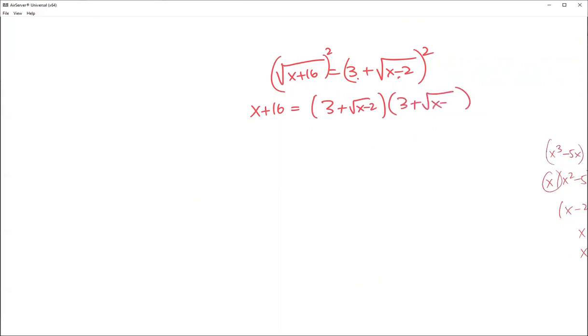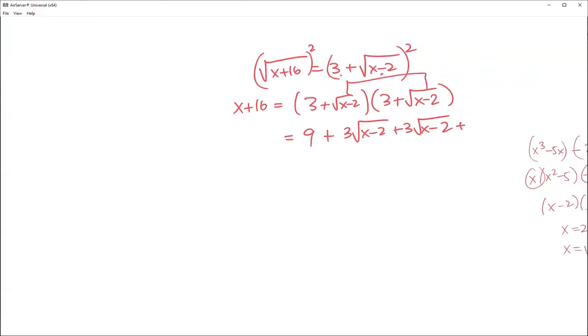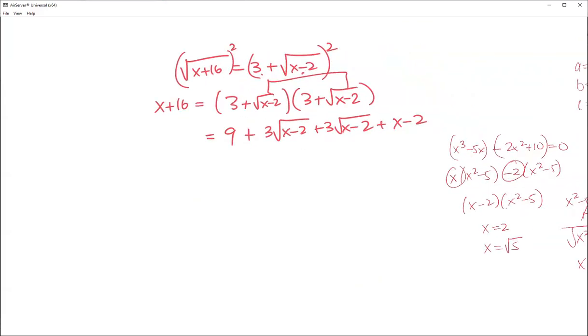If I FOIL this, it'll be 9 plus 3 radical x minus 2 plus 3 radical x minus 2 plus, and then this times this is just x minus 2. So combine like terms.